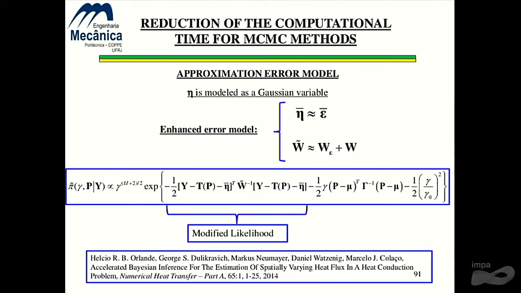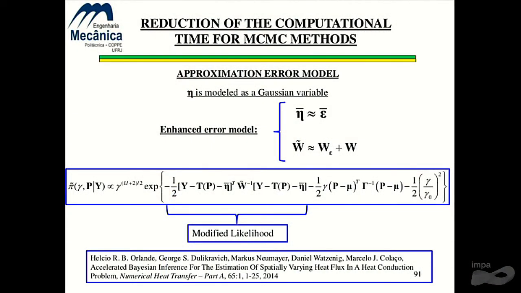So you're not only considering the mean, you're considering that the error is Gaussian, and that's why you also modify the covariance matrix.